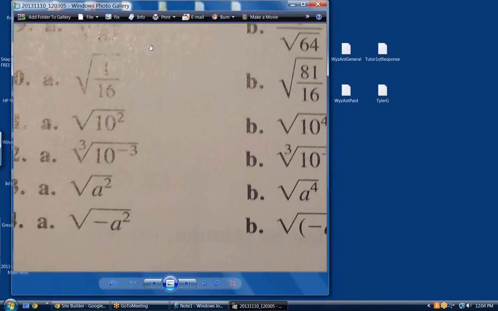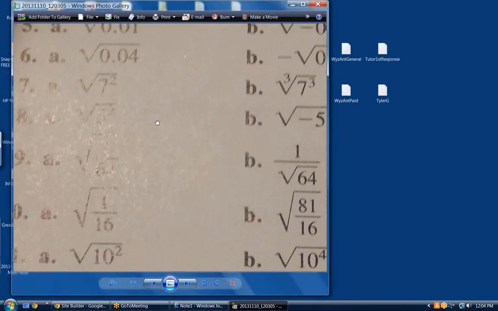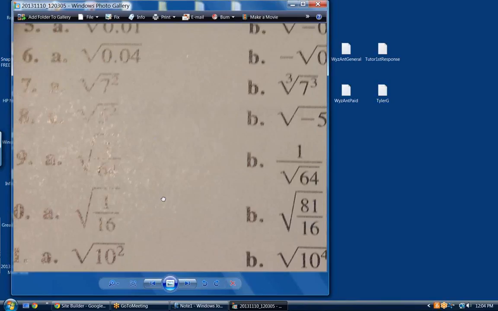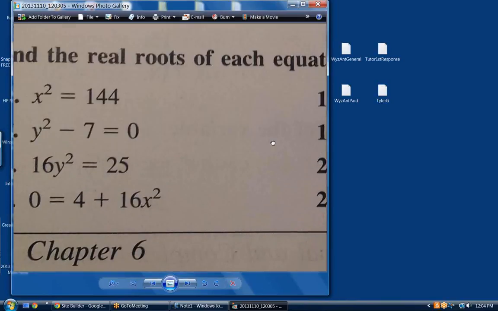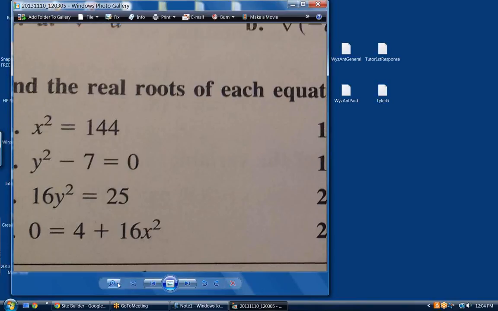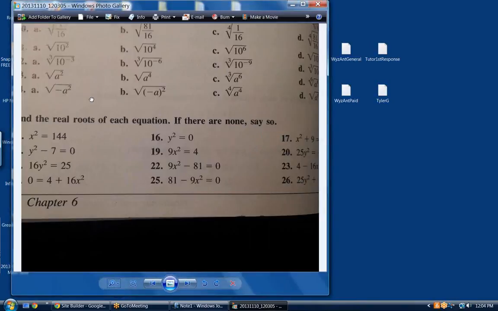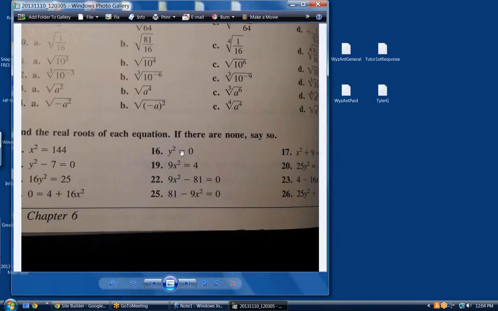Want to start at 1? No, go to 16 through 25, is what we were working on. Okay, 16 being this one.